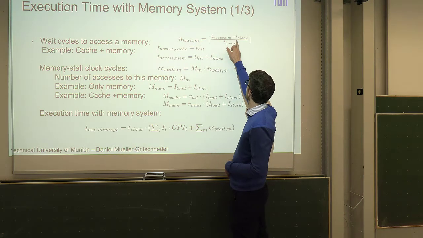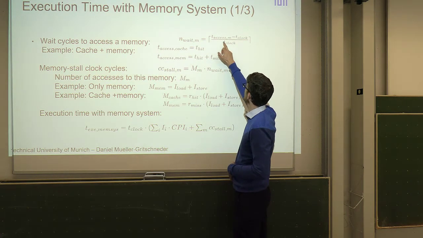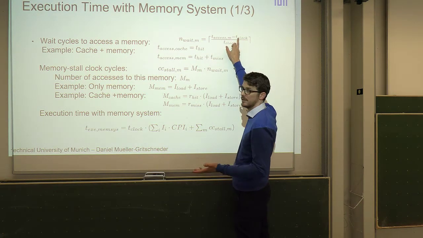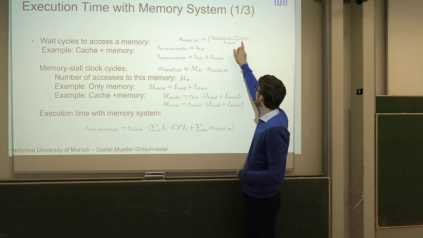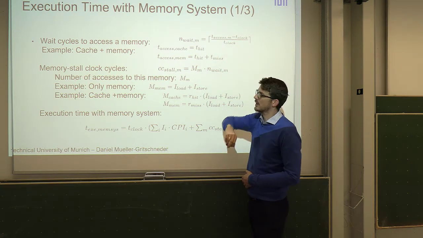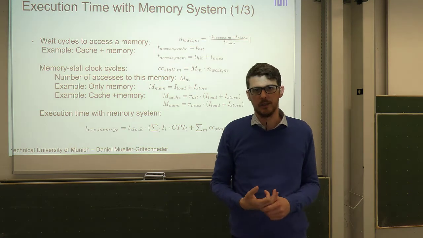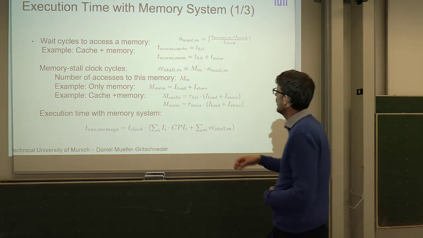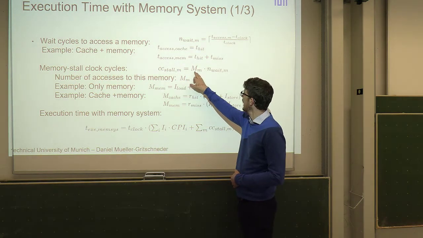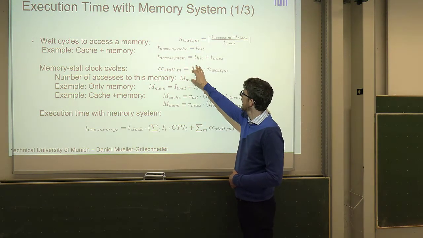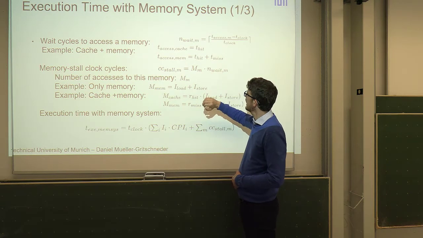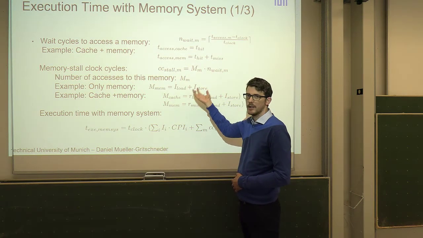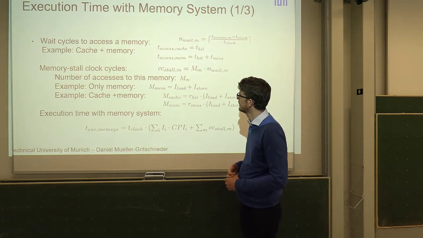Then you take the access time minus the one clock cycle you already have, divide it by the clock cycle, and these are your additional wait cycles. Then you find out how many accesses you have. You take these accesses times the wait cycles, and this gives you the number of stall cycles you're actually waiting to get your data.